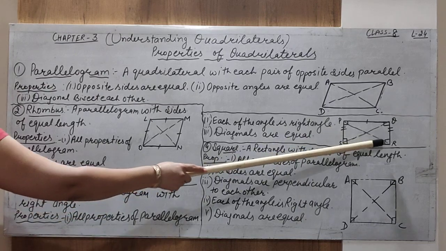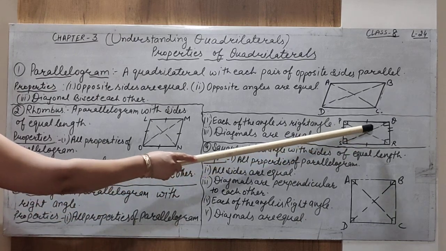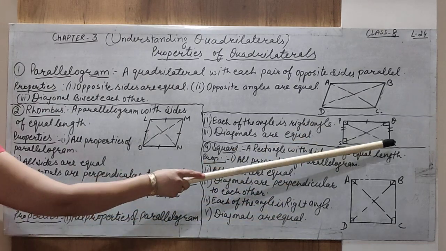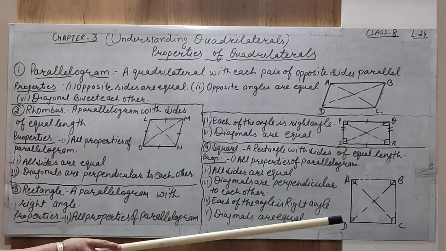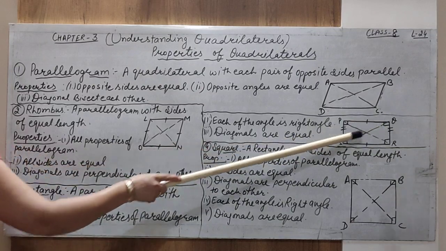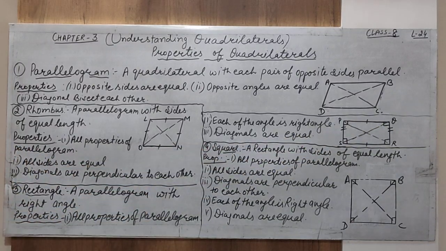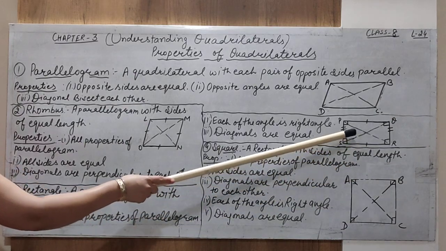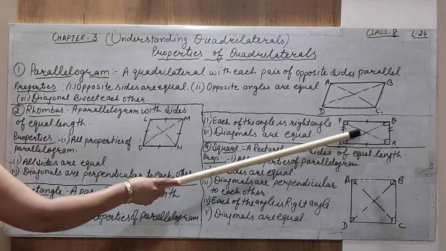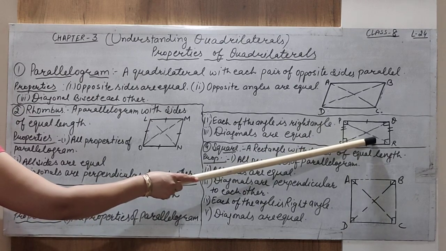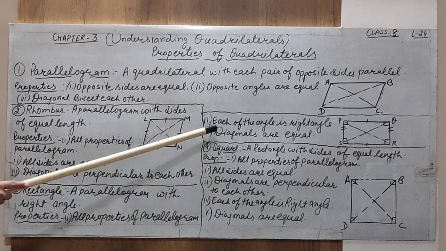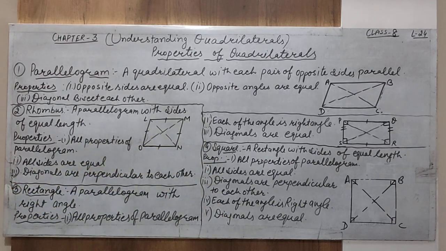They cut each other into equal parts and the lengths of these two diagonals are equal. If diagonal PR is equal to 6 centimeters, then diagonal QS is also 6 centimeters. And if they bisect each other, they cut into two parts, that is 3 centimeters and 3 centimeters. Both the diagonals cut each other into equal parts, that is, bisect each other.